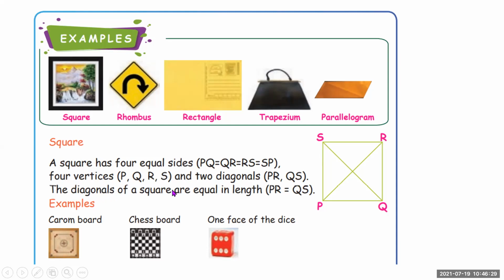There are two diagonals in a square and they are equal in length, meaning PR is equal to QS. So in a square, there are four equal sides and two equal diagonals.